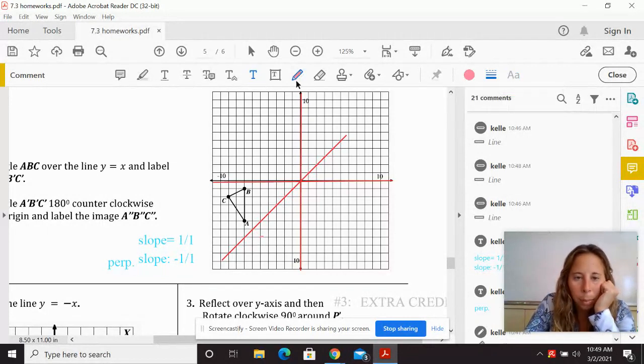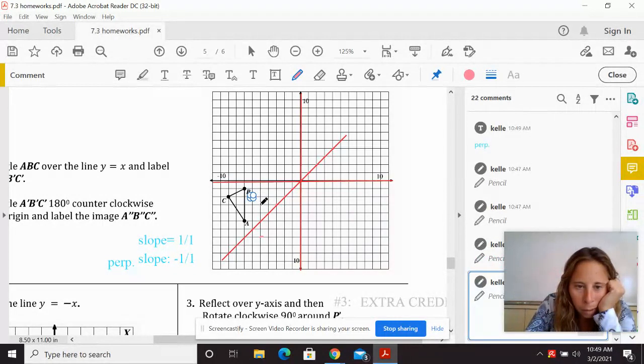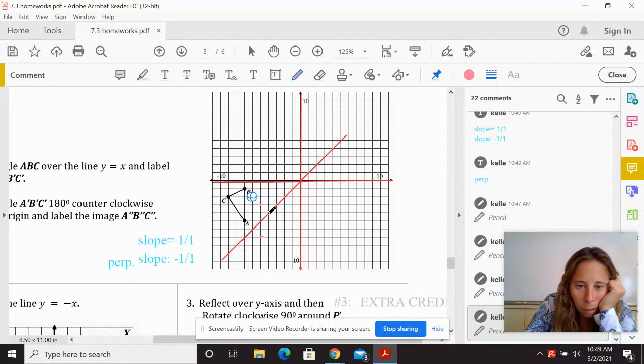So we're going to do that with B. Down 1/1, down 1/1, down 1/1, down 1/1, down 1/1.